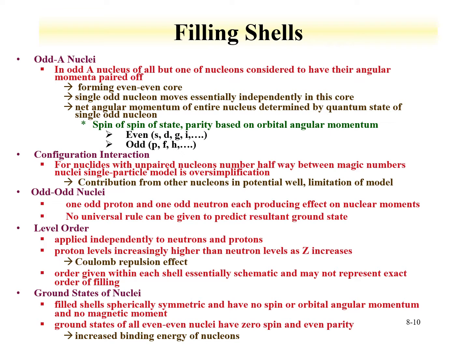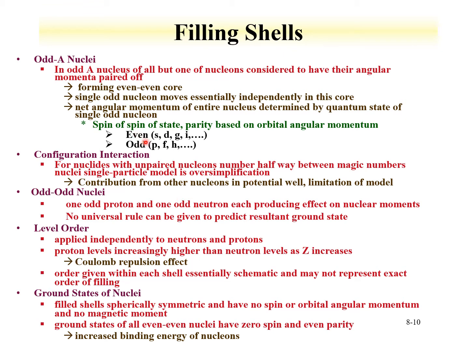And as we already discussed, an odd A nucleus with one unpaired nucleon will provide the property of the nucleus. It'll basically have some sort of even core with one unpaired nucleon. So whatever state that unpaired nucleon is, the spin of that state will define the spin of the nucleus. The parity will be based upon the orbital angular momentum.